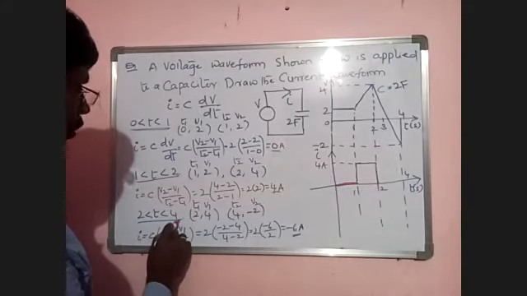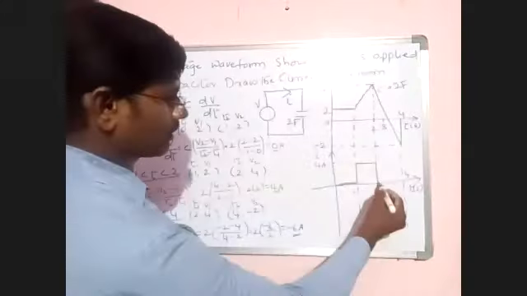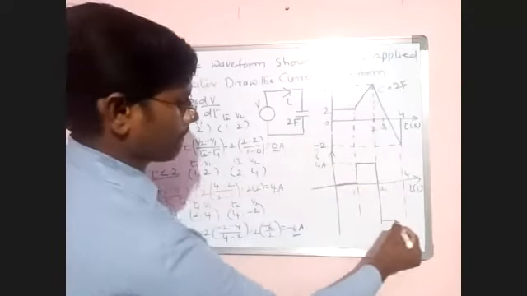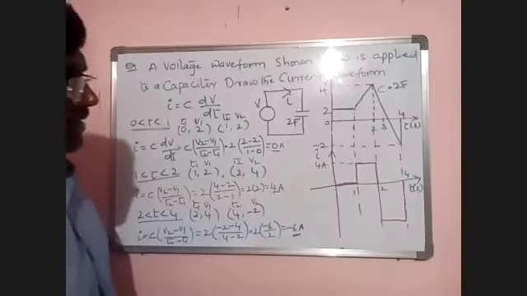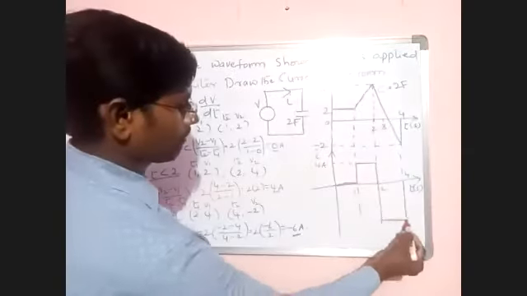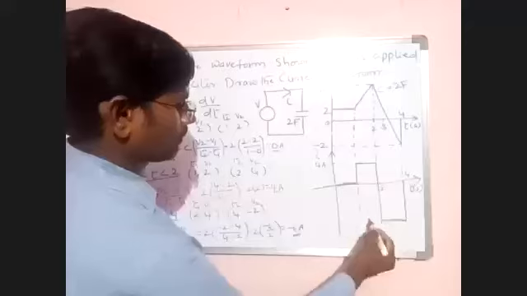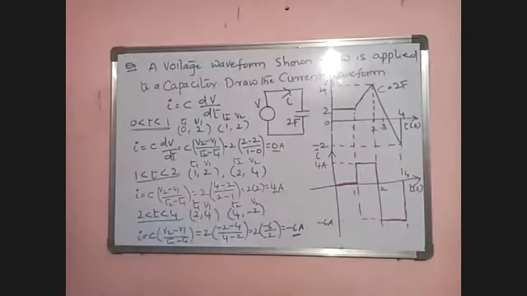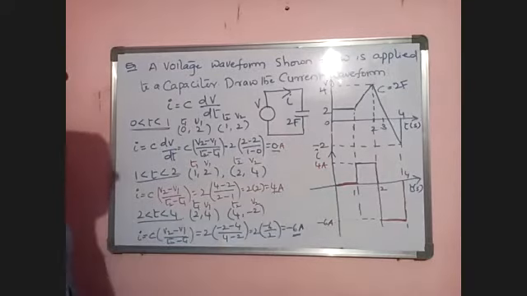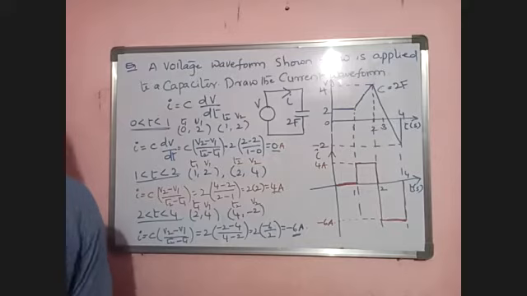From 2 to 4, it is minus 6. So this is the output waveform of current for the given input.